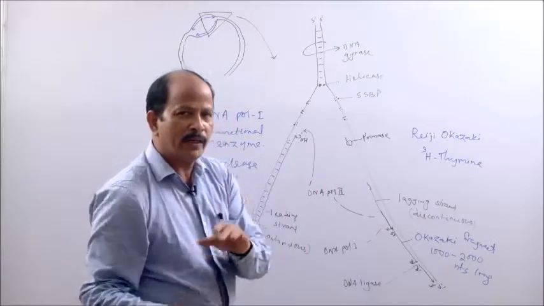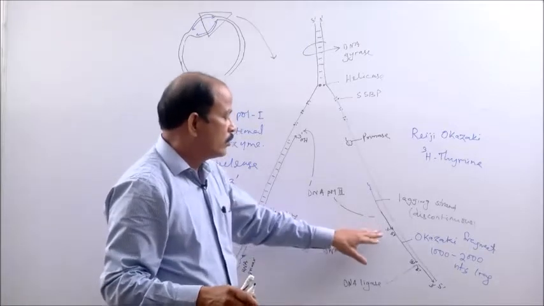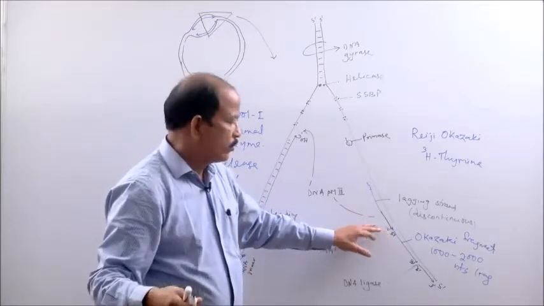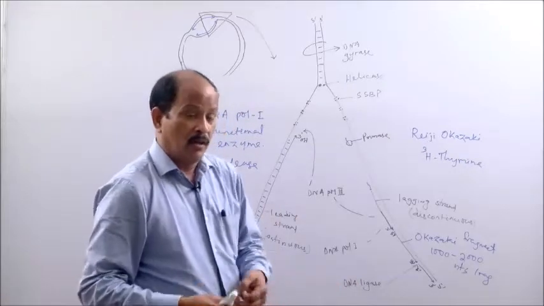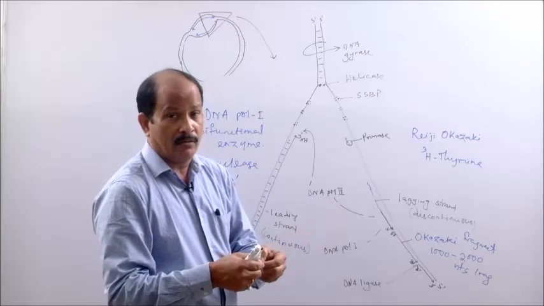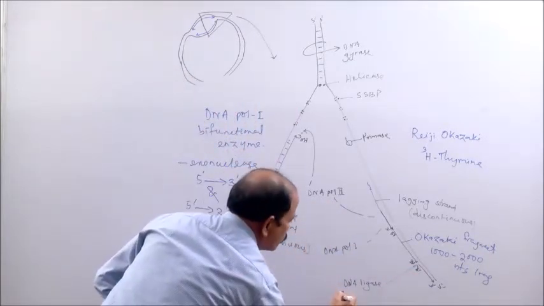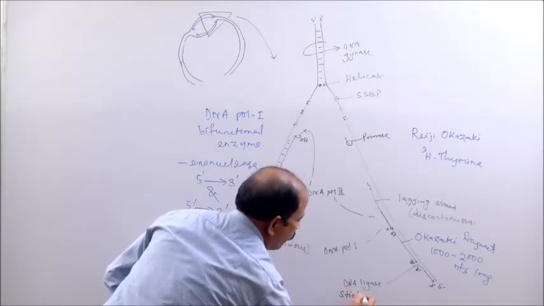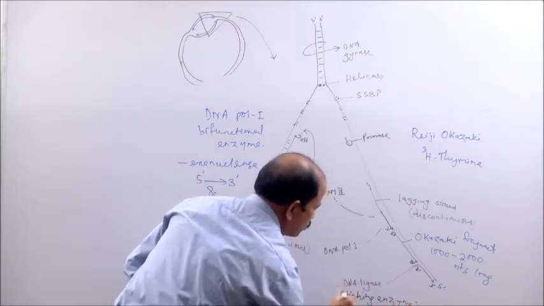RNA is removed by DNA polymerase's exonuclease activity. So now the ultimate job is of this DNA ligase. Ligation is an ATP dependent enzyme. It ligates, stitches. DNA ligase is a stitching enzyme. Its function is ligase.